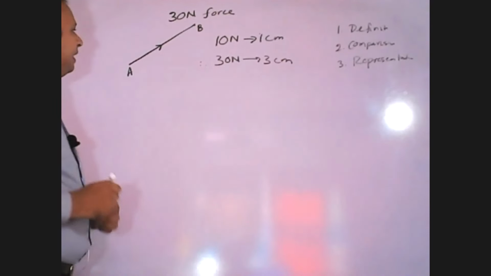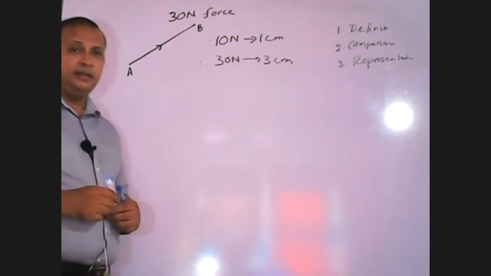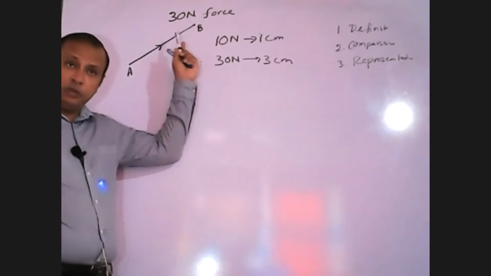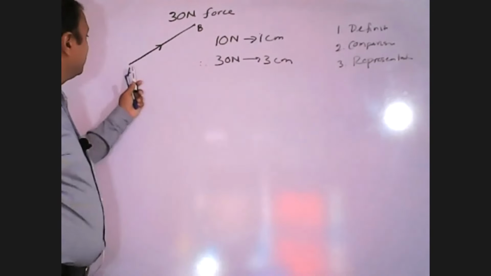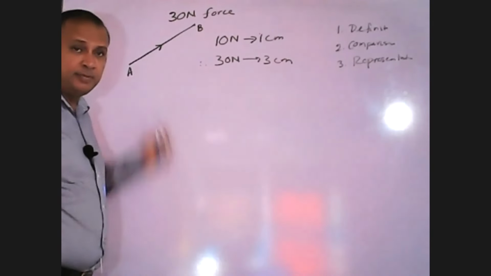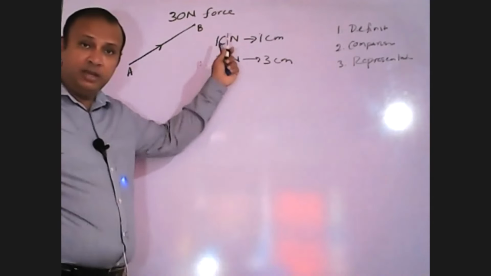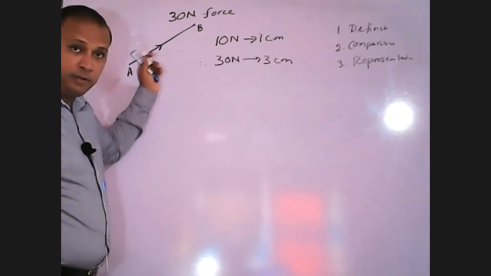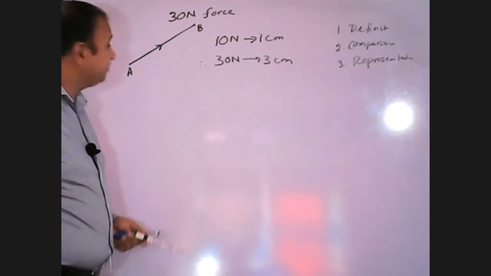Okay, in this case, we can write this as an example. If we want to represent a 30 Newton force, we can use a line segment drawn in the direction of the vector, and we can use an arrowhead to mention the direction.